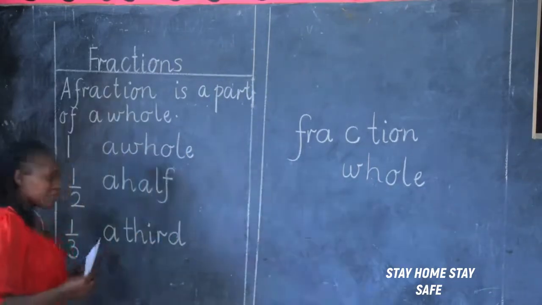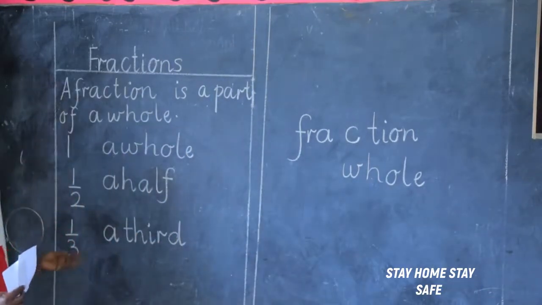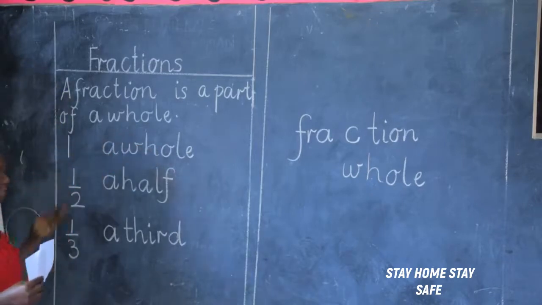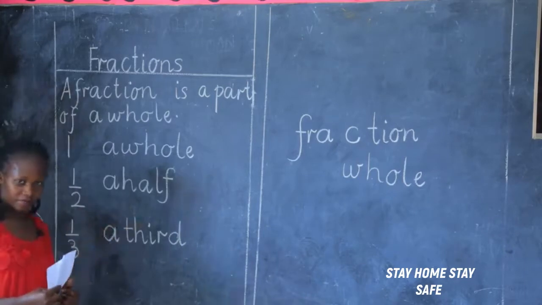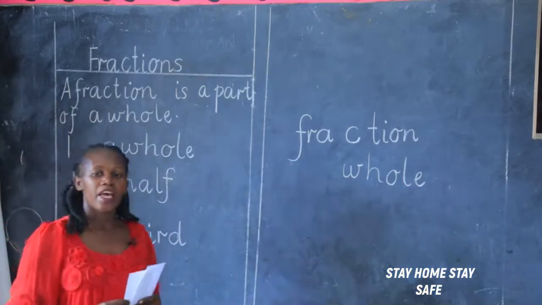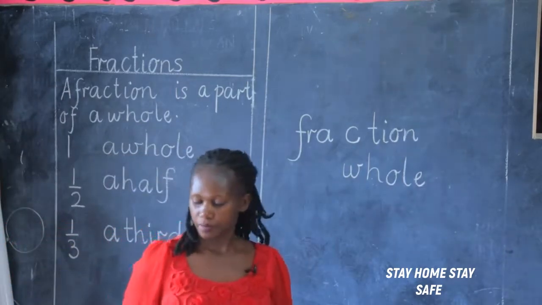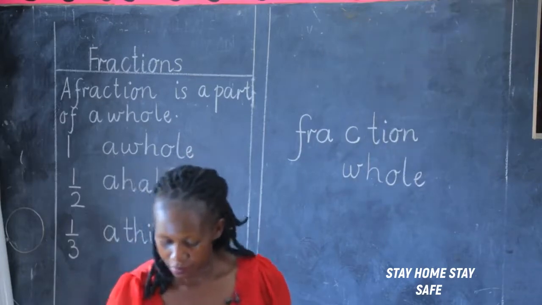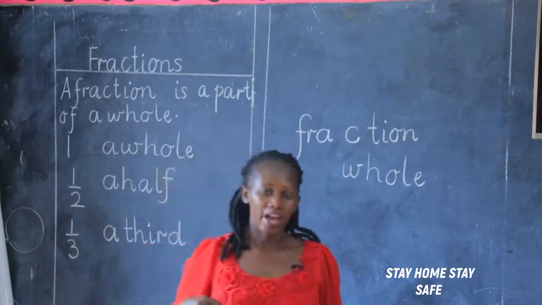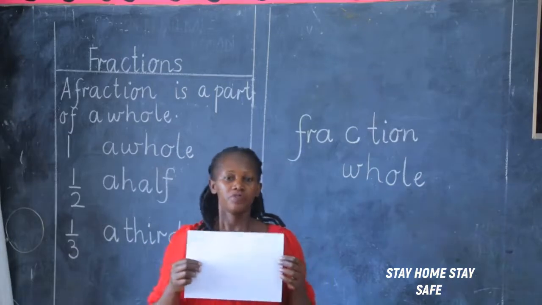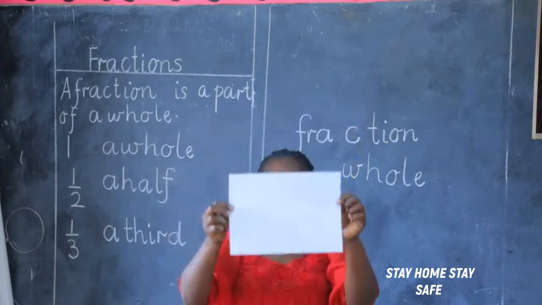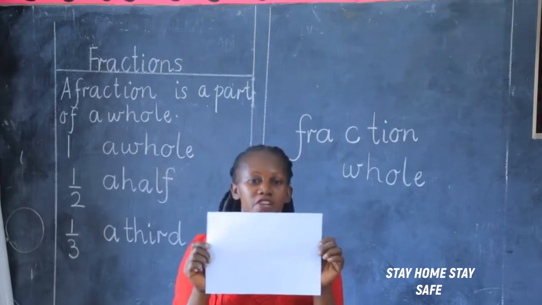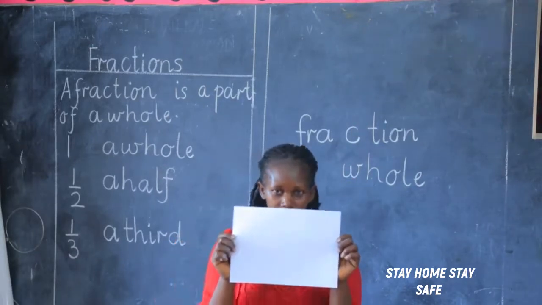Hope you're learning something from my fractions. I had a whole. I first made a half. Now I've made a third. I'm going to make another fraction. I told you I get those fractions from a whole. I have another whole. Have you seen my whole? I'm going to make another fraction out of this whole.